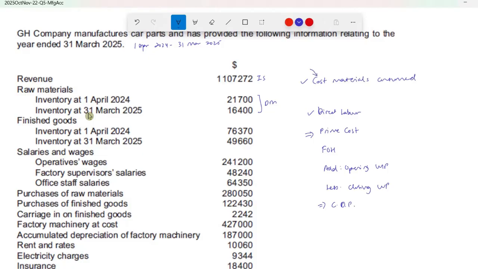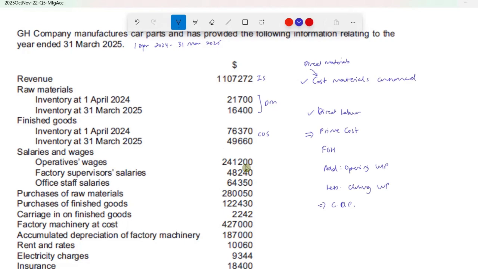This is also known as the direct materials. Right. Finished goods inventory is needed in the income statement, in the cost of sales section. After revenue, we will minus cost of sales. These are information required to check cost of sales, right?